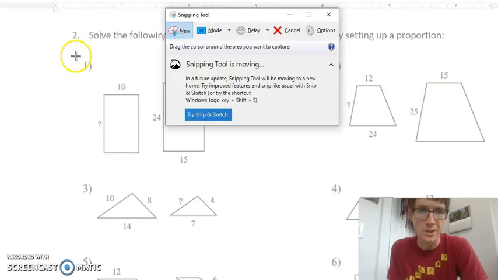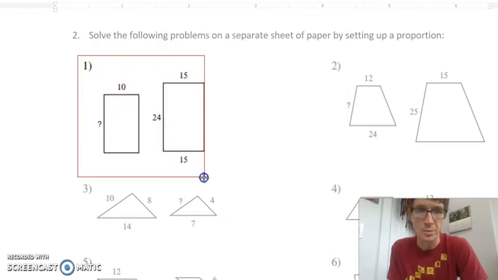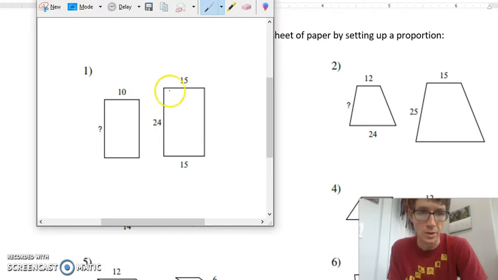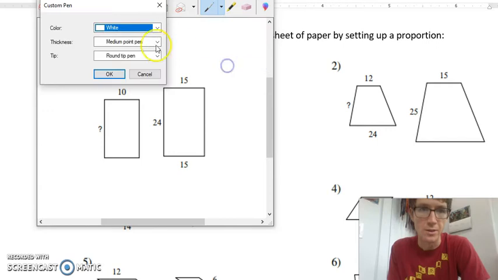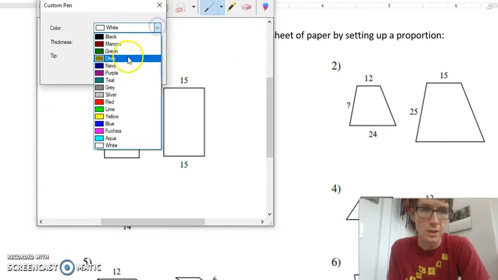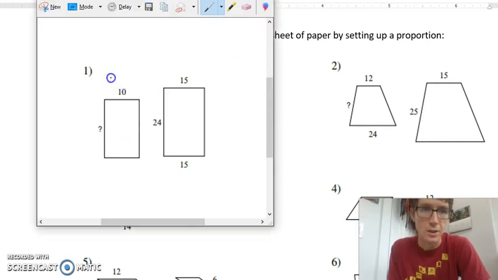Again, what similarity means is that it's the same shape, but usually a different size. So for this one, your corresponding sides would be proportional. The corresponding sides of a rectangular shape are pretty easy.